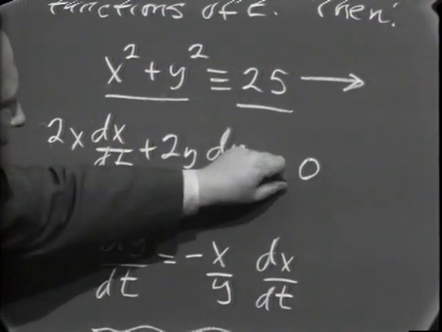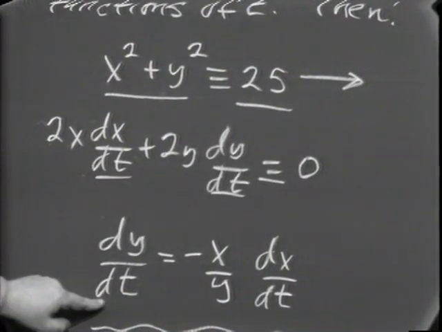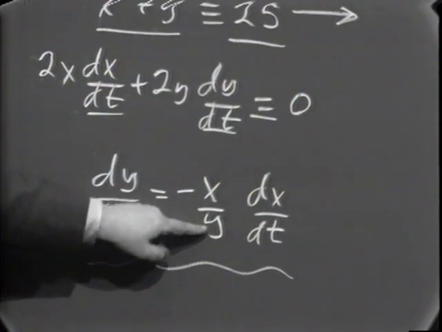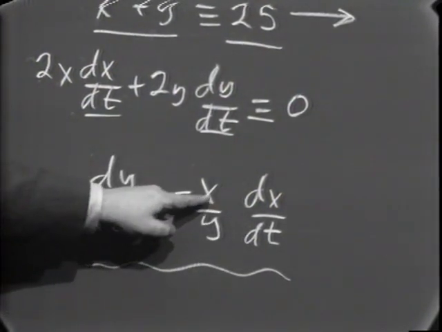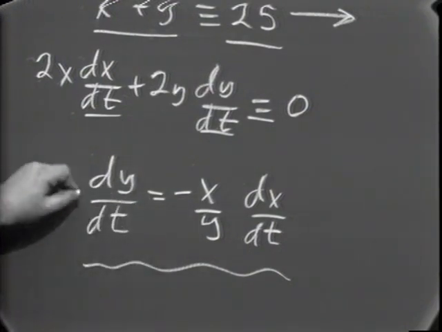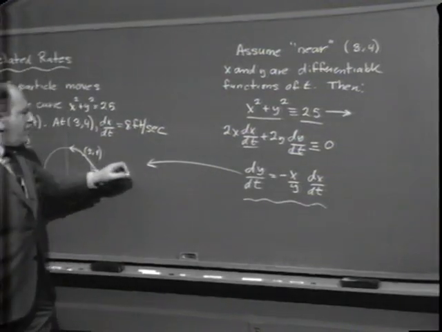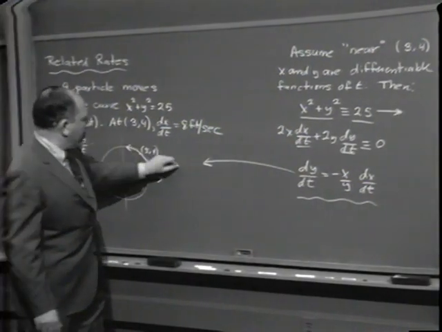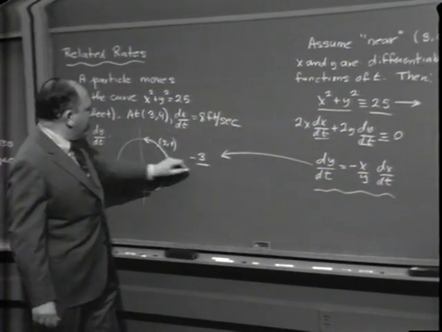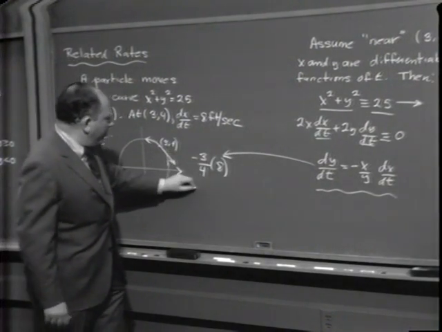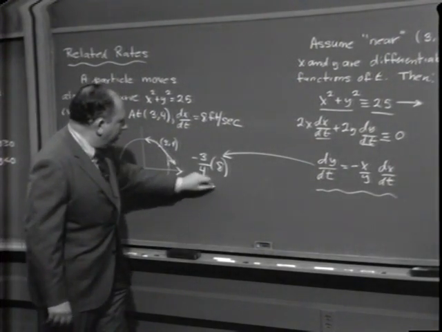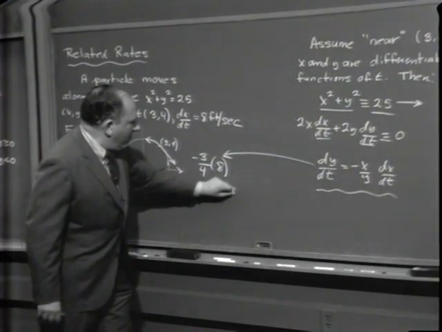From this identity now, we can conclude that dy dt is minus x over y times dx dt. And now, to polish off our particular problem, we're interested in what? When x was 3, y was 4, and dx dt is 8. In other words, I find out from this that dy dt is minus 6 feet per second.